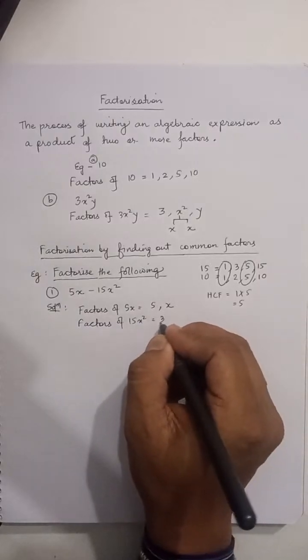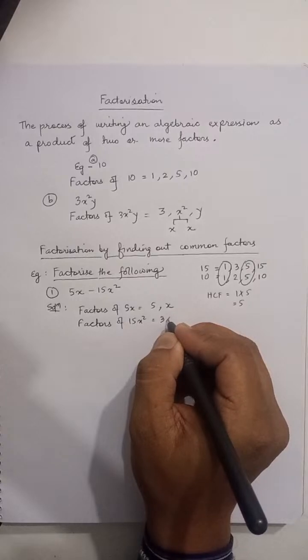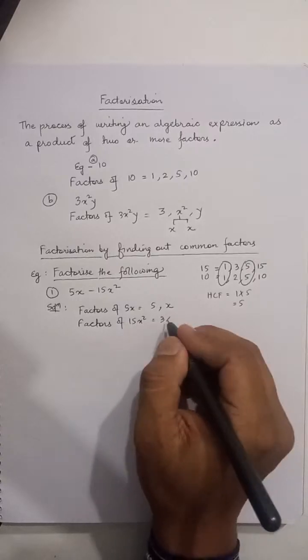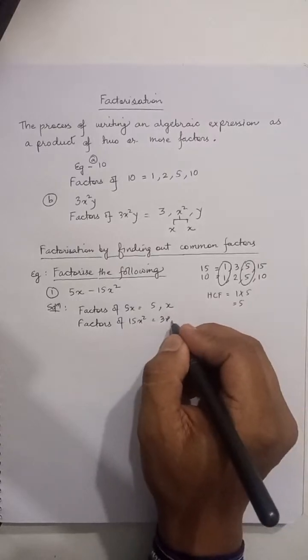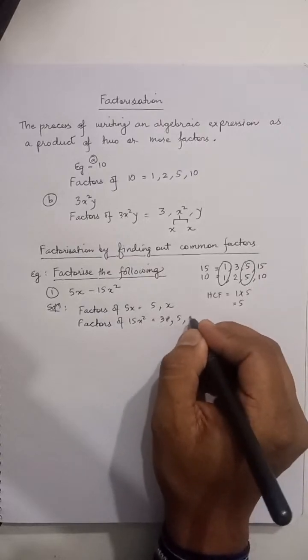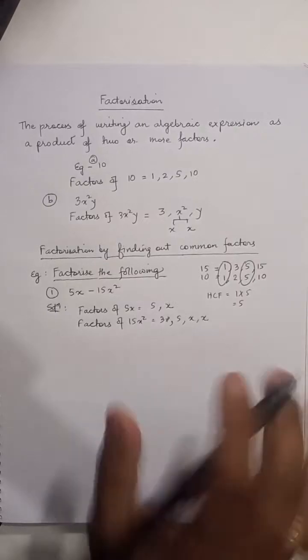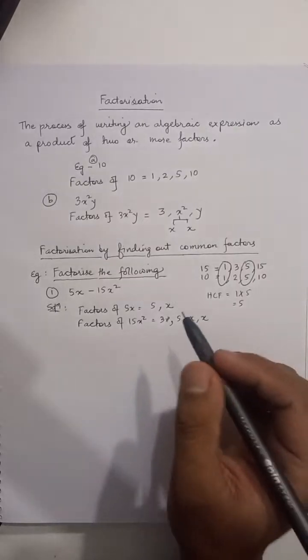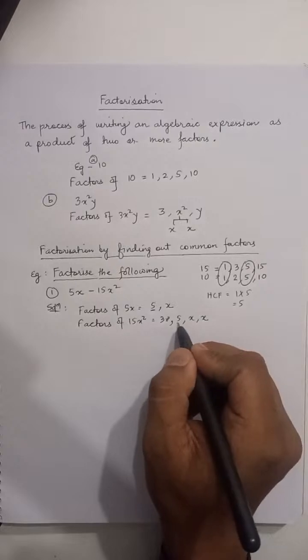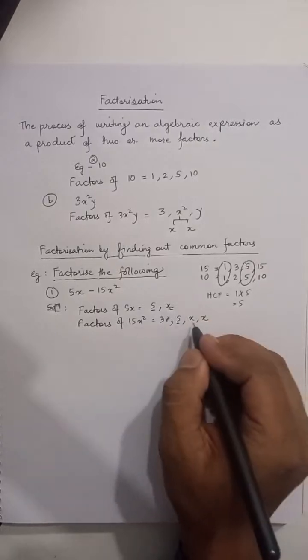So 15 can be expressed as 3 times 5, then x, we can write x square or both x and x. So we see we have 5 and we have x.